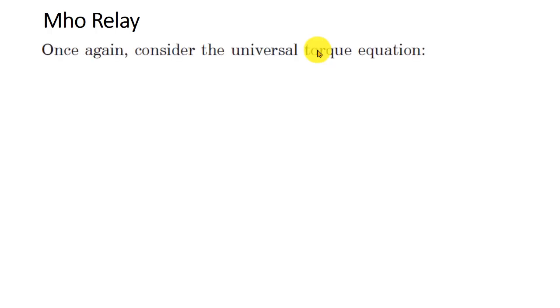Let us first consider the universal torque equation. From the universal torque equation we derive the trip law for different relays, so again we'll do it for the Moore relay.